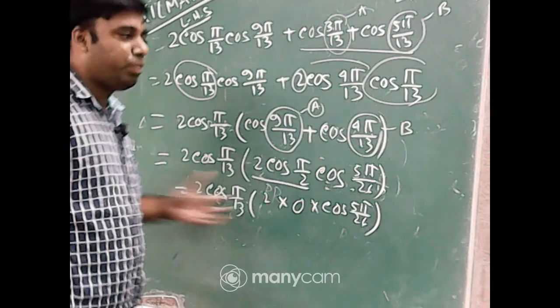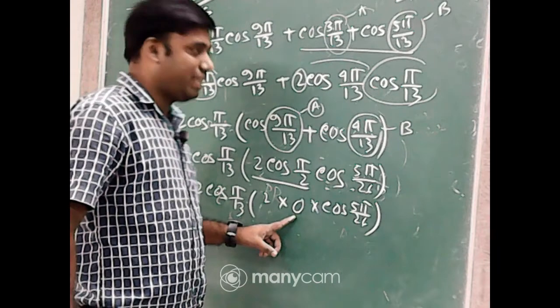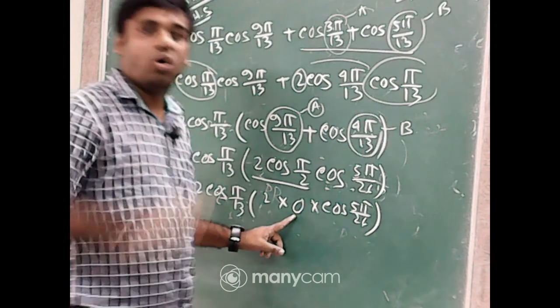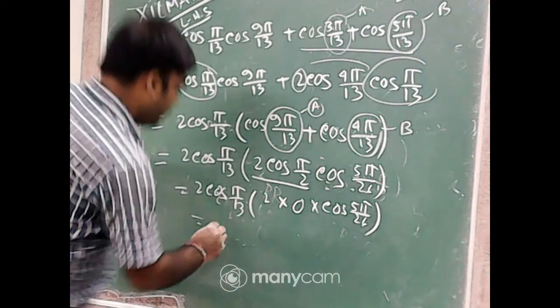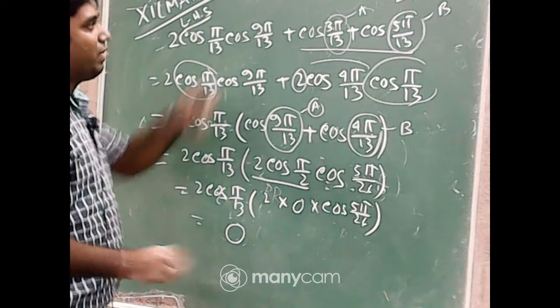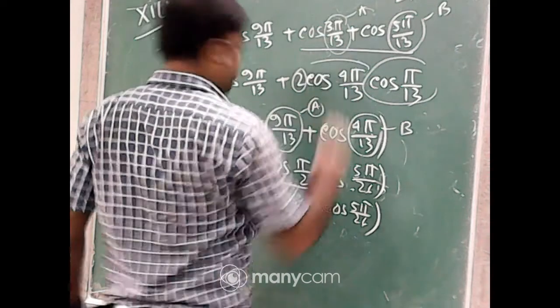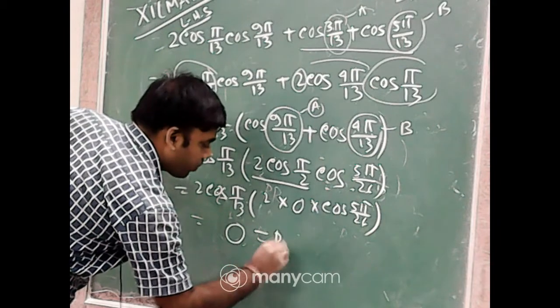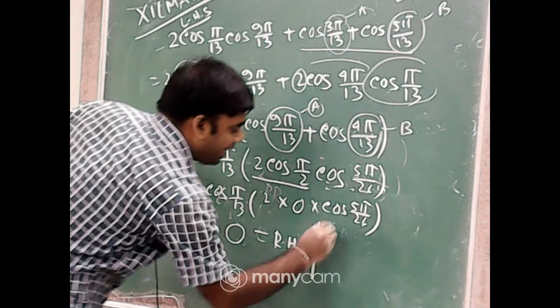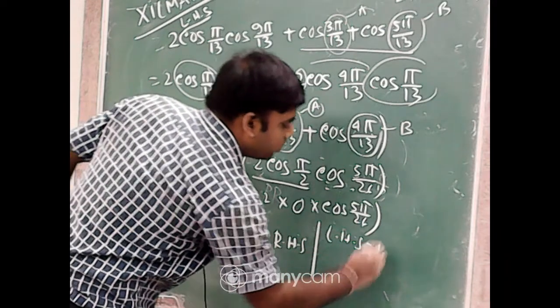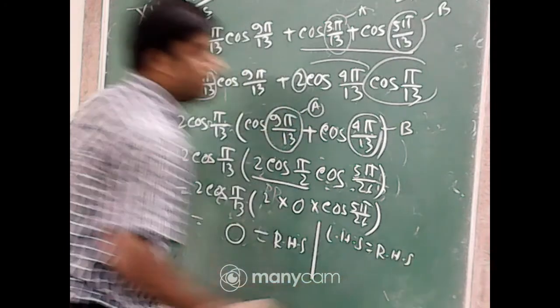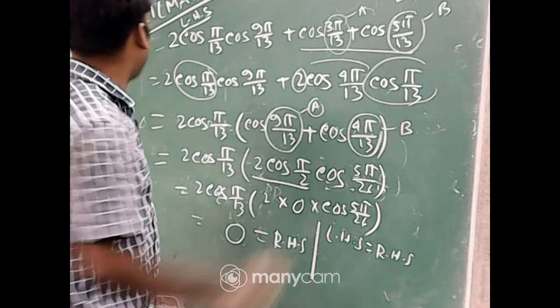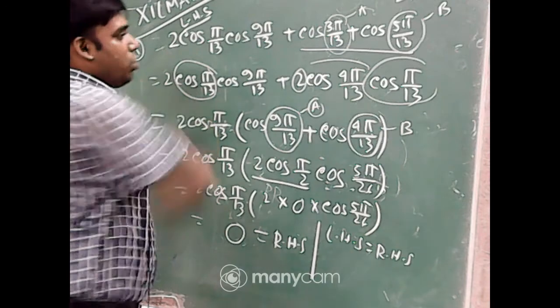All the terms are in product form, and one term of them is 0. It means the value of the total expression equals 0. So that is our right hand side. Left hand side equals right hand side. That is question number 1 of the miscellaneous portion.